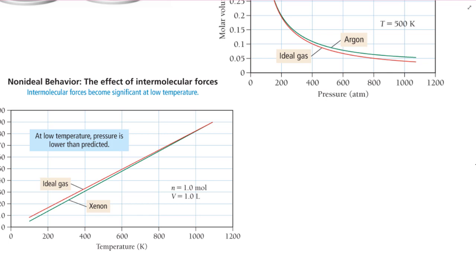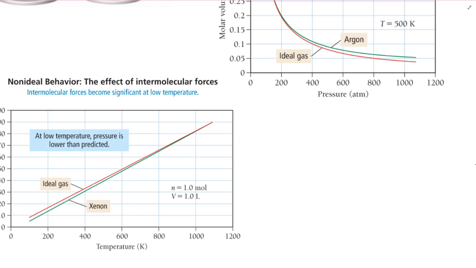So if we looked at something like xenon again, and this one here is showing what happens with the temperature, at higher temperatures, pretty much we can ignore that, but once we get down, this is now a temperature scale in kelvins. Once we get down to lower temperatures, the departure from an ideal gas and a real gas winds up becoming larger and larger. And that's because as we lower the temperature, what happens to the speed of the molecules?